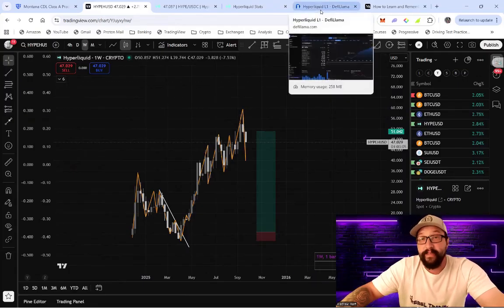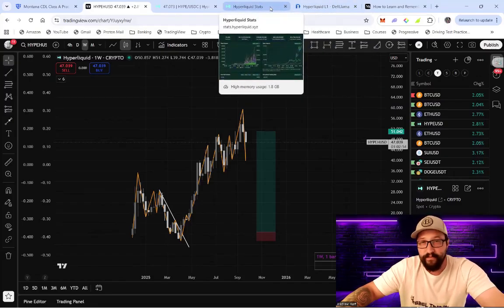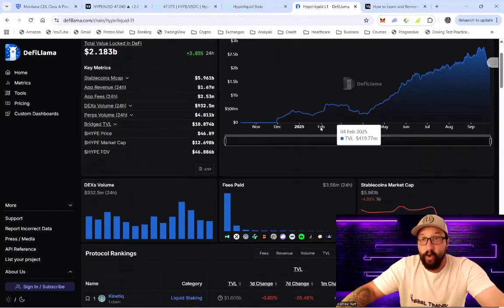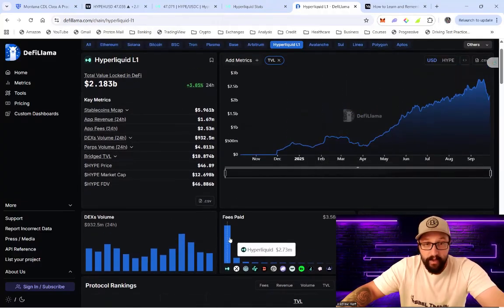But really, I think that in general, when you're investing, keeping it simple is probably better. Thinking that you're going to outsmart the market by knowing something that the market doesn't know is highly unlikely. A lot of people will fade the data that's right in front of them. Something as simple as over time, the value is accruing on this chain. Over time, revenue is building on this DEX.